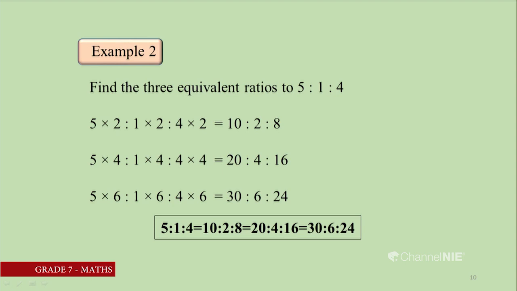You know how to multiply, right? Then 5 multiplied by 4, 1 multiplied by 4, 4 multiplied by 4, then 20 to 4 to 16. That is an equivalent ratio. Next one, 5 multiplied by 6, 1 multiplied by 6, 4 multiplied by 6, then 30 to 6 to 24.